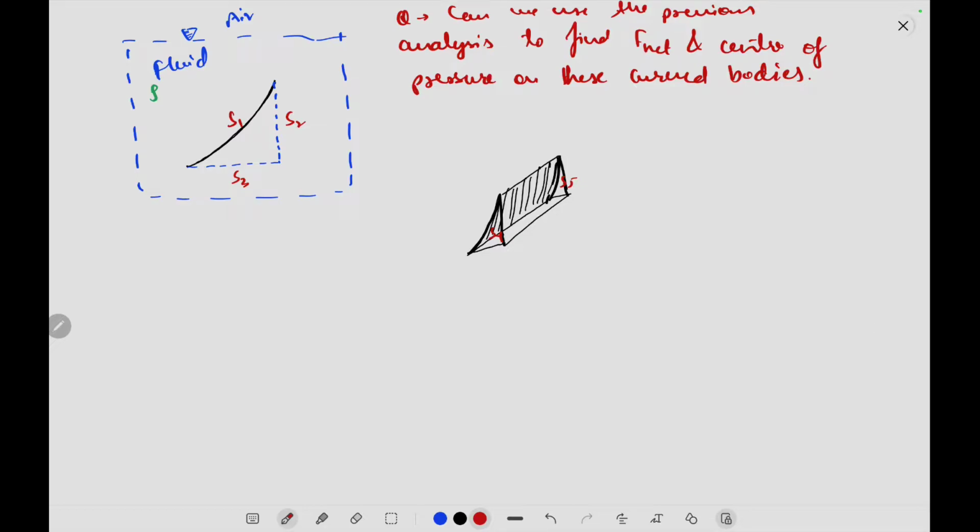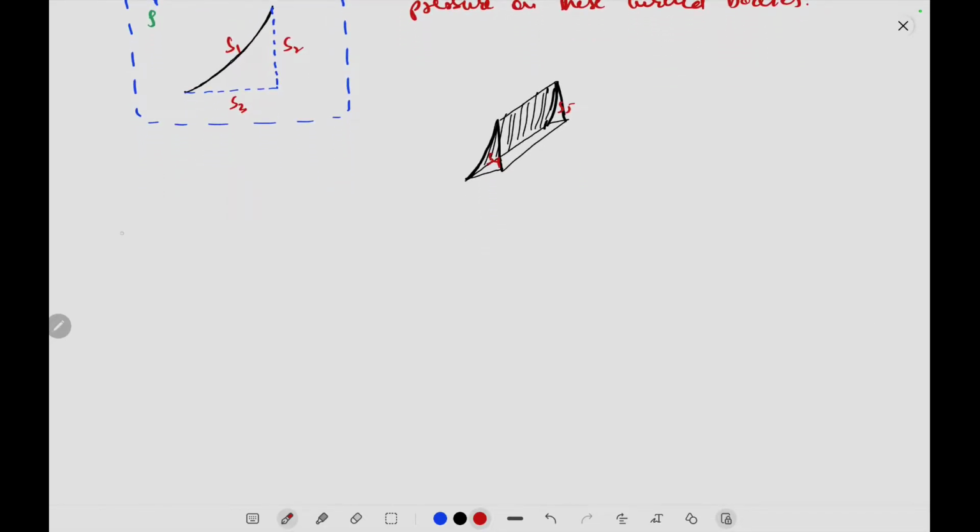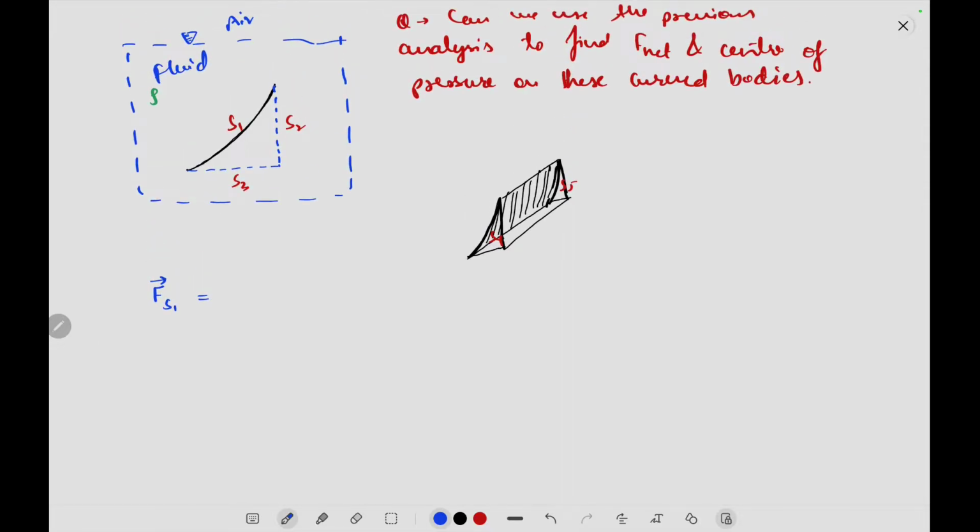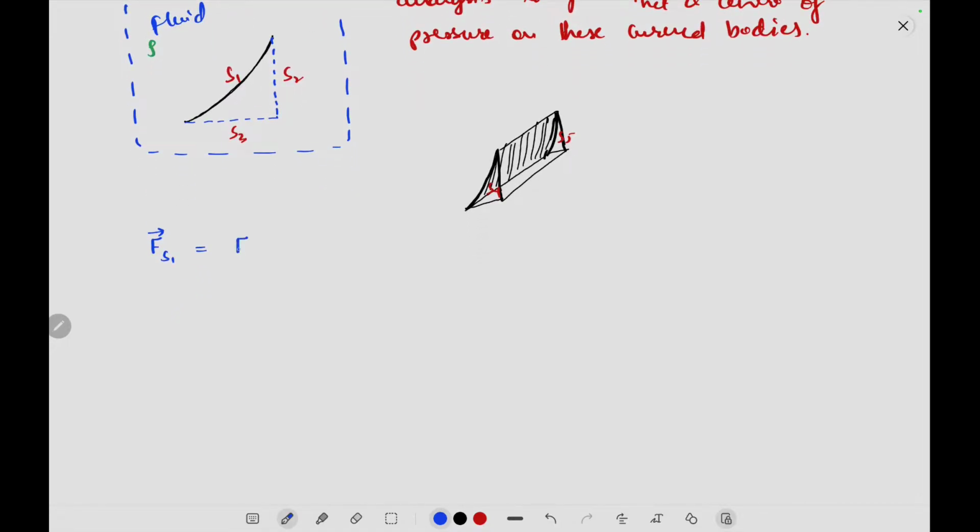All right. Now the total force on the surface S1, let's write it with some other color, can be written with this trick. We can write this as Fs1 plus Fs2 plus Fs3 plus Fs4 plus Fs5 minus Fs2 minus Fs3 minus Fs4 minus Fs5.